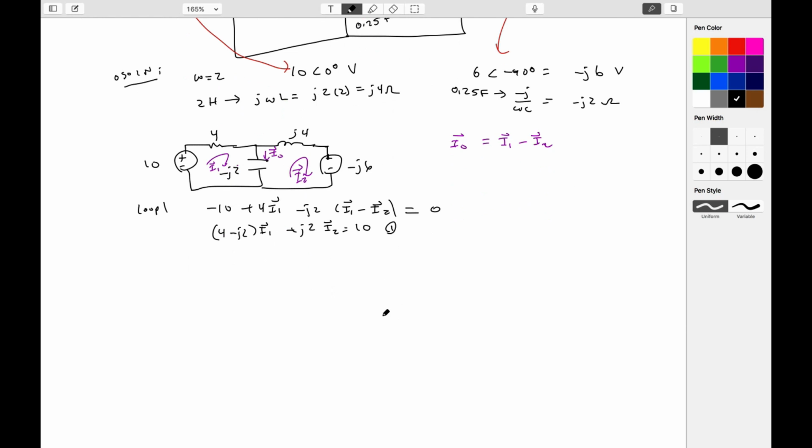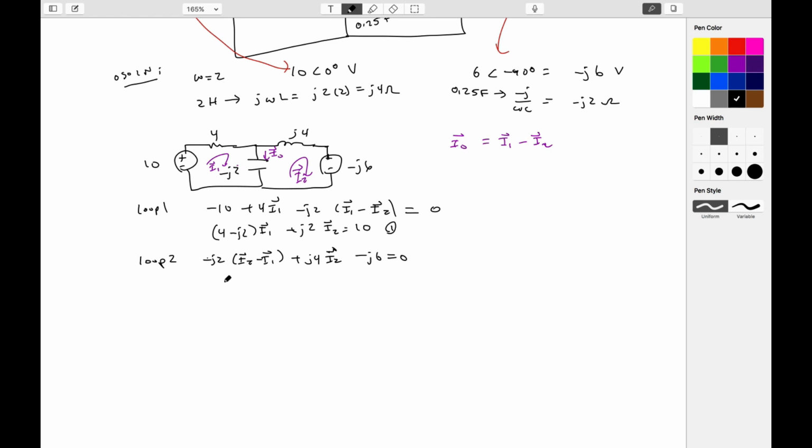Then I can do loop 2. All right, loop 2, well, I start with minus J2 times I2 minus I1 plus J4 I2 minus J6 is equal to 0.